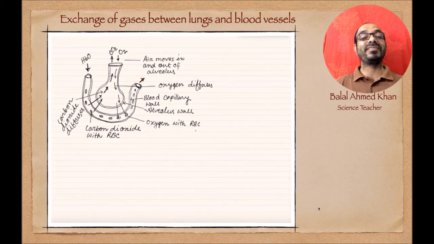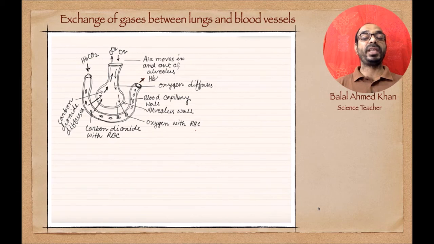An unstable bond formed with oxygen is known as oxyhemoglobin. Another unstable bond formed with carbon dioxide, HbCO2, is known as carboxyhemoglobin.